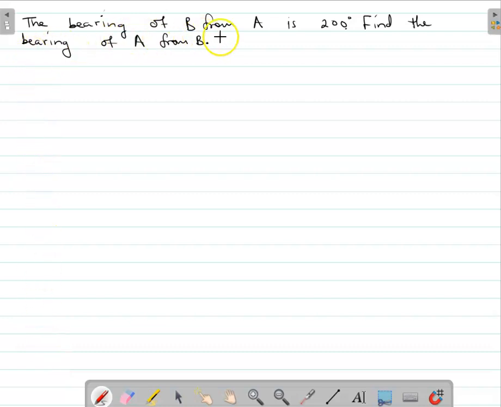The bearing of B from A is 200 degrees. Find the bearing of A from B. So you can take a moment, go back and see how we did the first ones, and then from there try to do this one on your own. I believe it will be easy. And once we have done that, look at some questions of the same nature and then attempt them, and that will solidify your basic understanding of bearings.